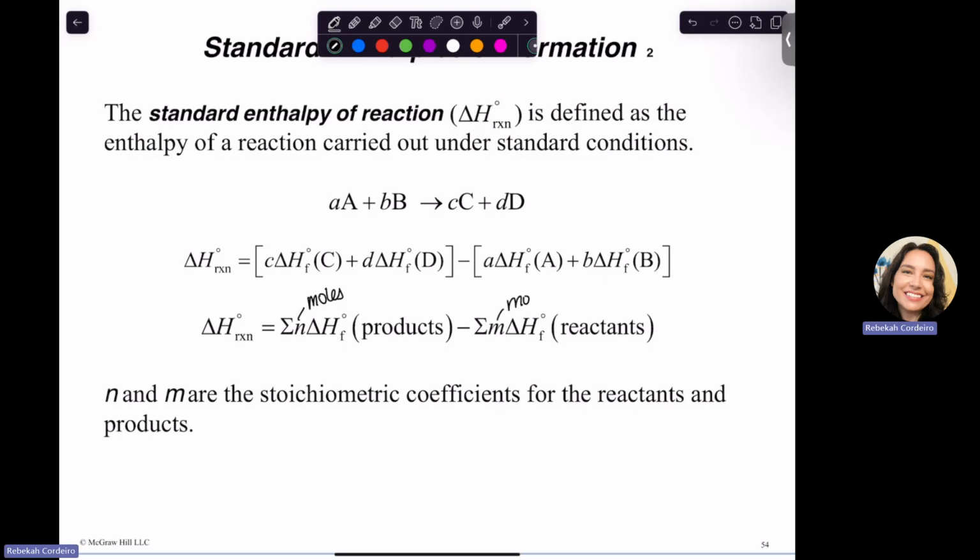Basically, we're taking the coefficient times the enthalpy of formation of that thing, and adding it to the coefficient times the enthalpy of formation of that thing for the products, and then we're subtracting the same thing for the reactants. Oh, and they're the coefficients. They're the number of moles in the reaction.